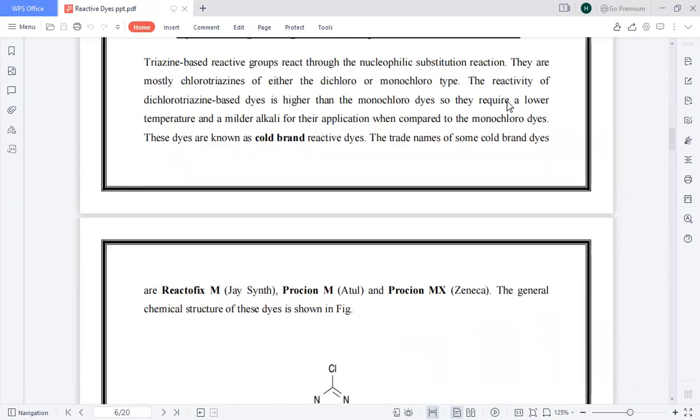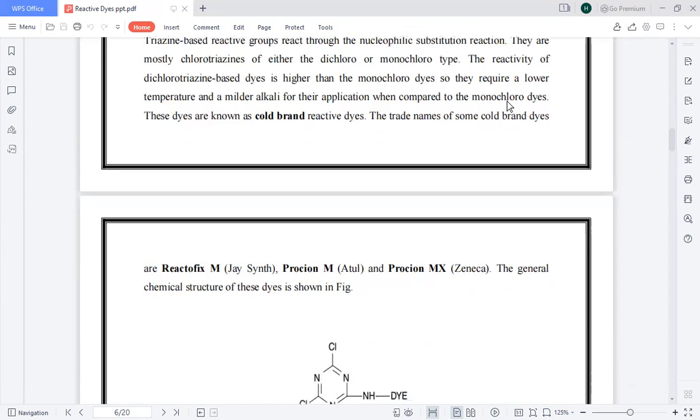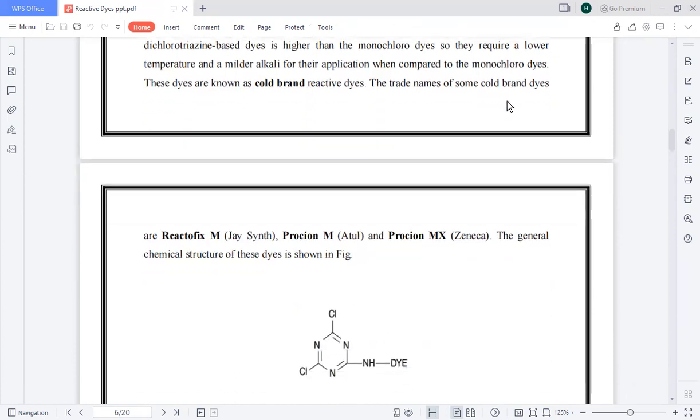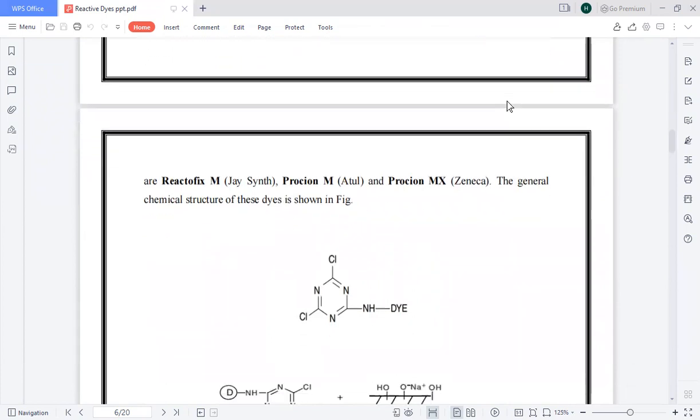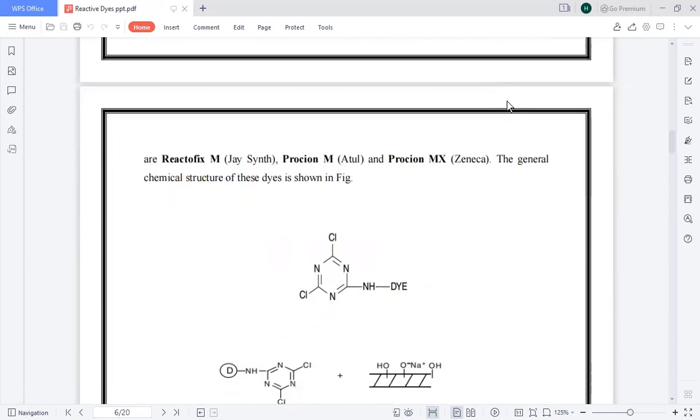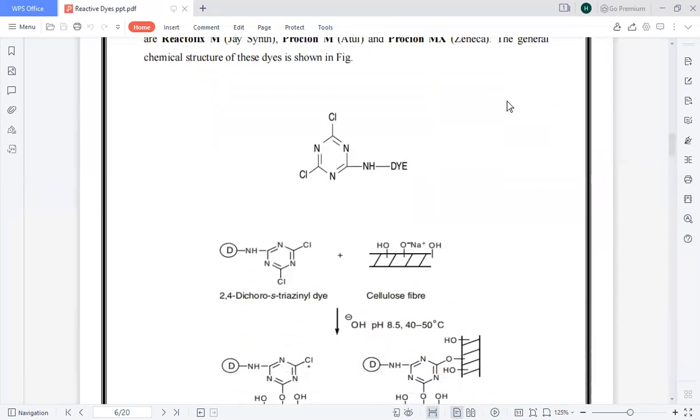The trade names of some cold brand reactive dyes are Rectofix, Rectofix M, Procion M, and Procion MX. These are the trade names for the triazine dyes. So the general chemical structure of these dyes is shown in the figure.